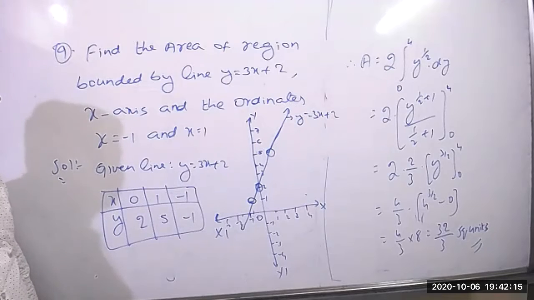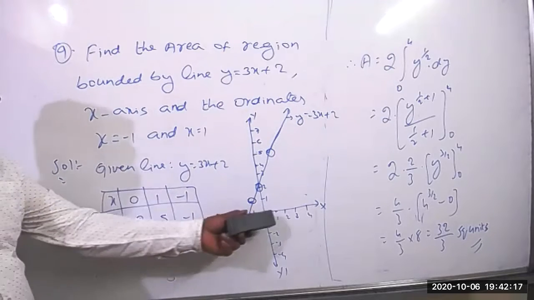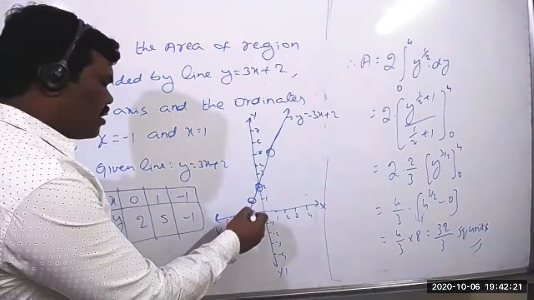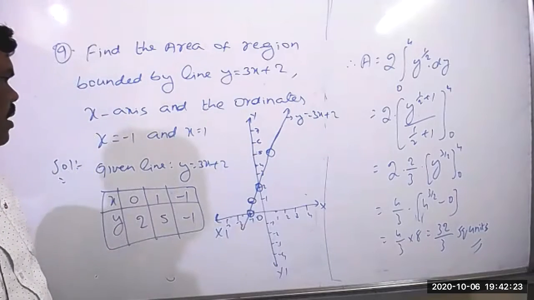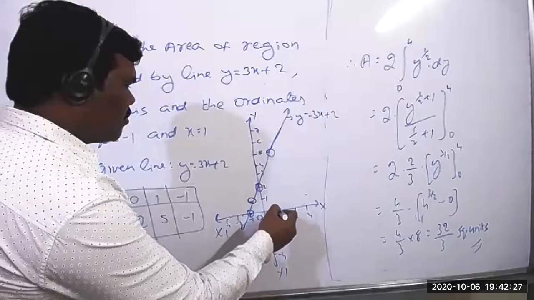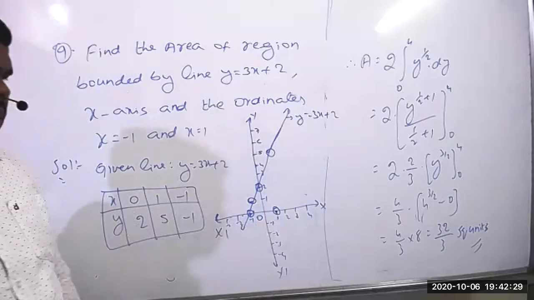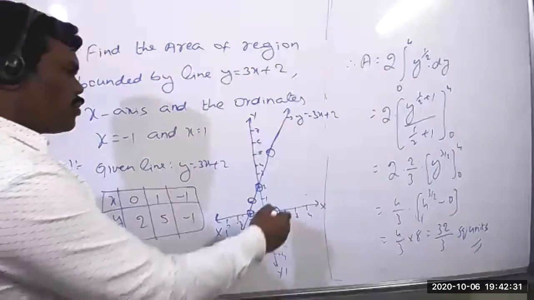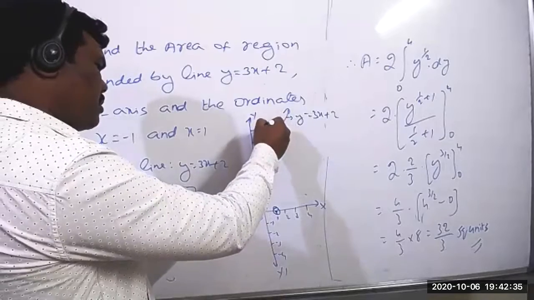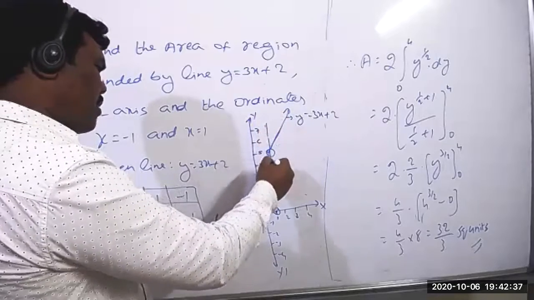Two more lines are given. This is the x-axis, which we already have. So x equal to minus 1: this is x equal to minus 1. And x equal to 1 is here; this point also we have to take. Now through this point you can draw one line, and through this point you can draw one line.